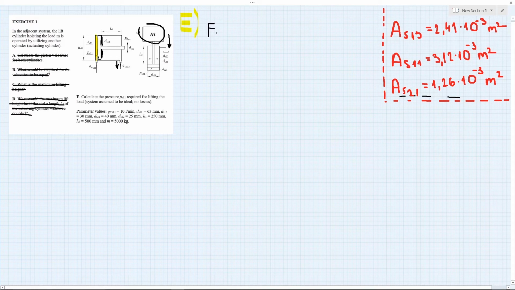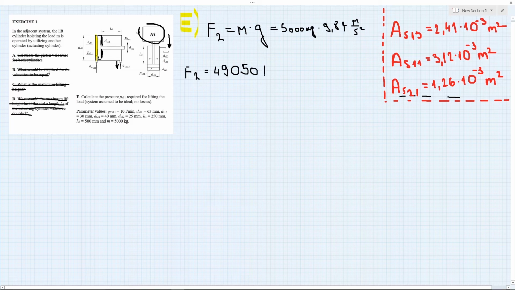Let's call that force F2, and of course it's going to be equal to m times g, the gravitational constant, and that's going to be 5,000 kilograms times 9.81 meters per second squared. And we are going to get 49,050 newtons.